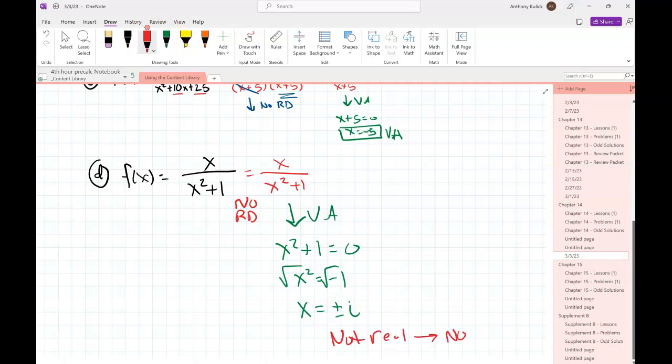So it can't count as a vertical asymptote because the vertical asymptotes are locations on the x-axis. The imaginary numbers don't lie on the x-axis. They're invisible. So just because we give you a rational function doesn't mean it needs to have a removable discontinuity. It doesn't mean it has to have a vertical asymptote. It could have neither, and that's okay.